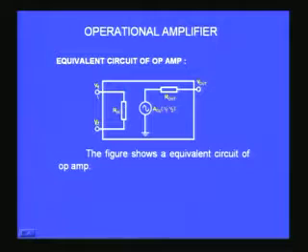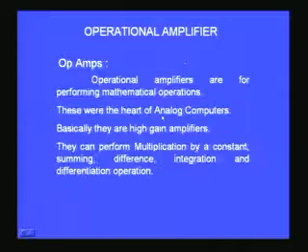There are two voltages V1 and V2, because it is a difference amplifier at the input stage. It is the V1 minus V2 which matters, and that is multiplied by a gain factor, AOL, the open loop gain, and that becomes a voltage source for the output side, and you have a small resistor in series which is called the output resistance. So this is a very simple equivalent circuit of an operational amplifier when you want to analyze the various configurations of the op amp with the external resistors, capacitors, etc.